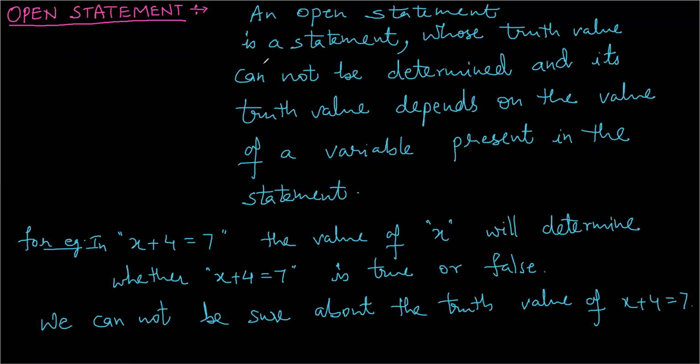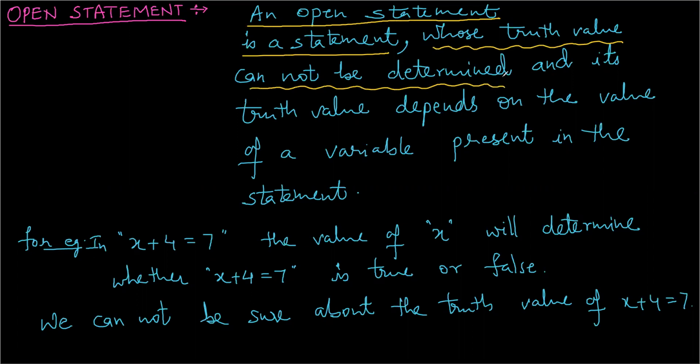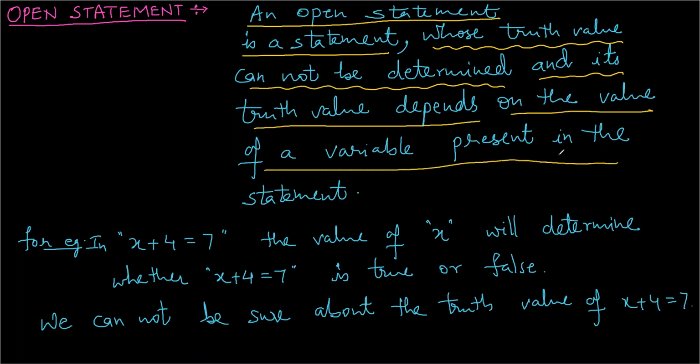So here we have the definition of an open statement. An open statement is a statement whose truth value cannot be determined. We are not able to determine the truth value of the statement, and its truth value depends on the value of a variable present in the statement.